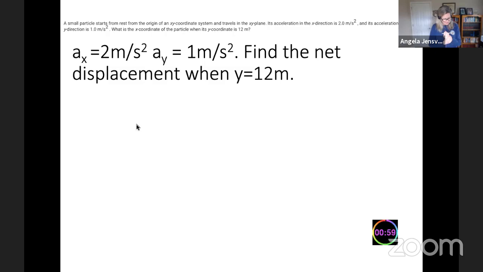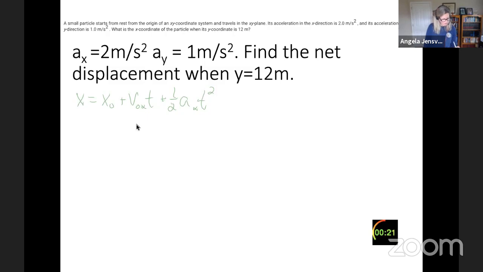I hope you guys were able to get it. Your 1 minute is up, or at least you got a good start on the problem. In order to find the net displacement, we need to get the x and y coordinate. We already have the y coordinate, it's 12. So we need to get the x coordinate. x is equal to x naught plus v naught x t plus 1/2 a x t squared.